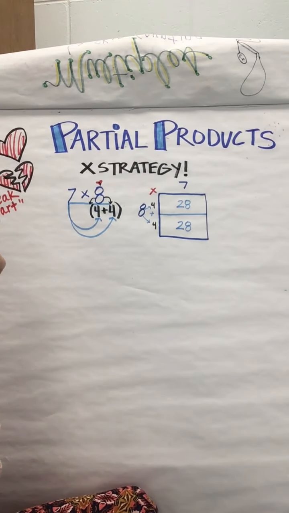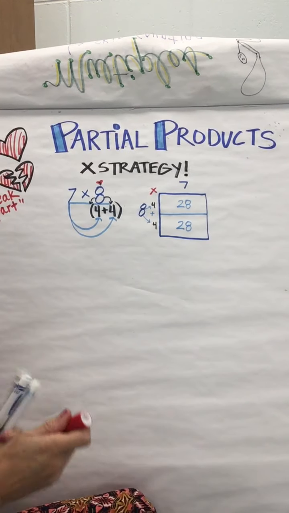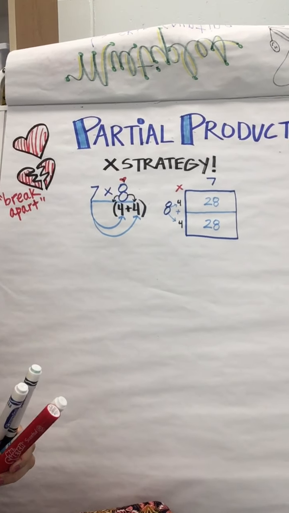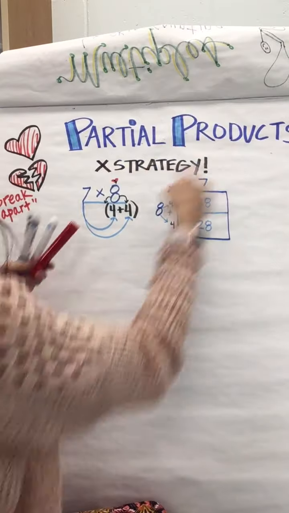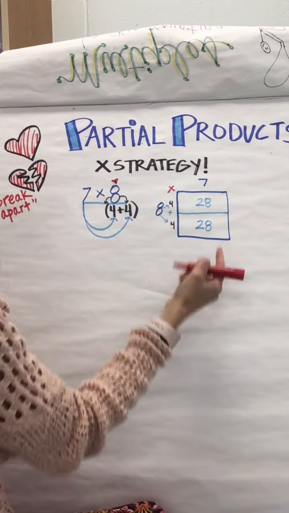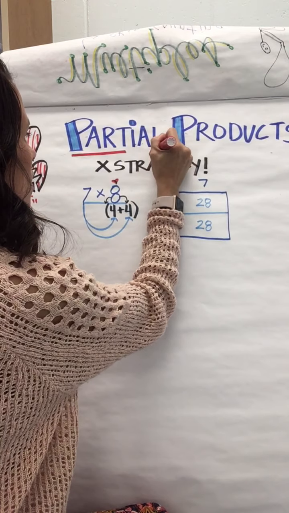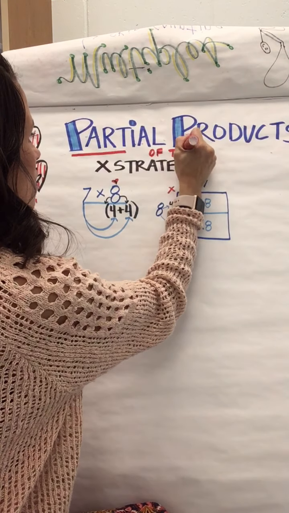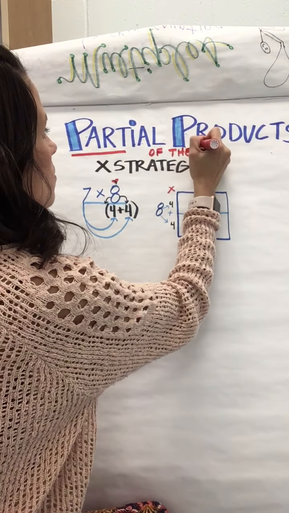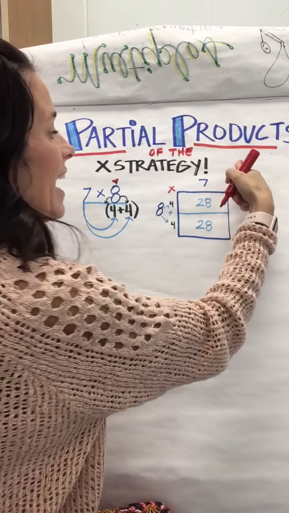Now, if you go back to the name of this strategy, it's called partial products. When I think about that, I think part of the product, or the answer.